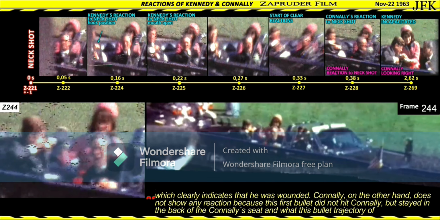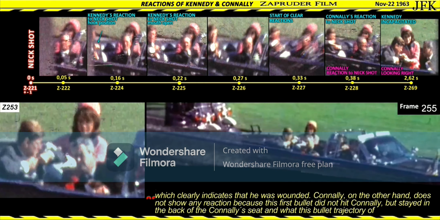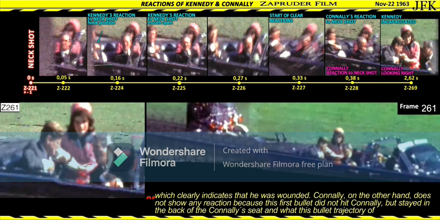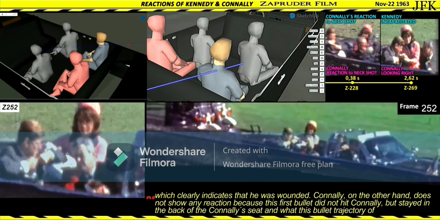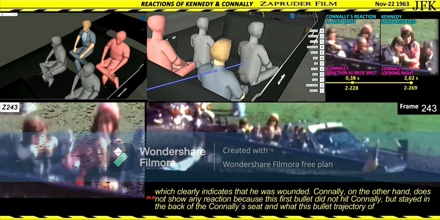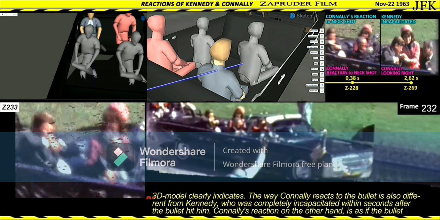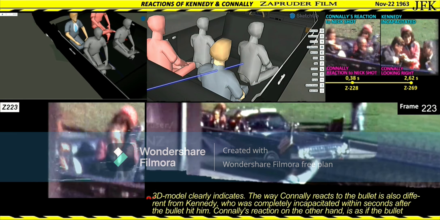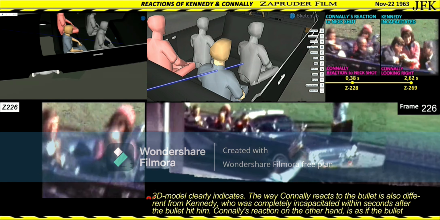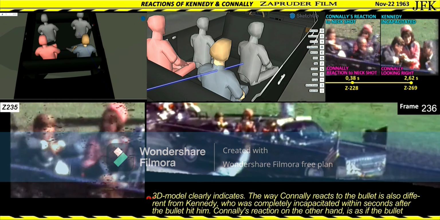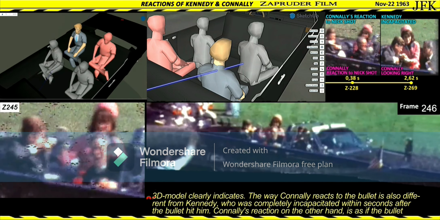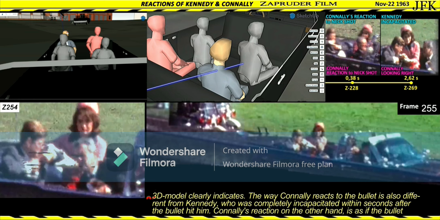Connolly, on the other hand, does not show any reaction because this first bullet did not hit Connolly, but stayed in the back of Connolly's seat, which the bullet trajectory 3D model clearly indicates. The way Connolly reacts to the bullet is also different from Kennedy, who was completely incapacitated within seconds after the bullet hit him.